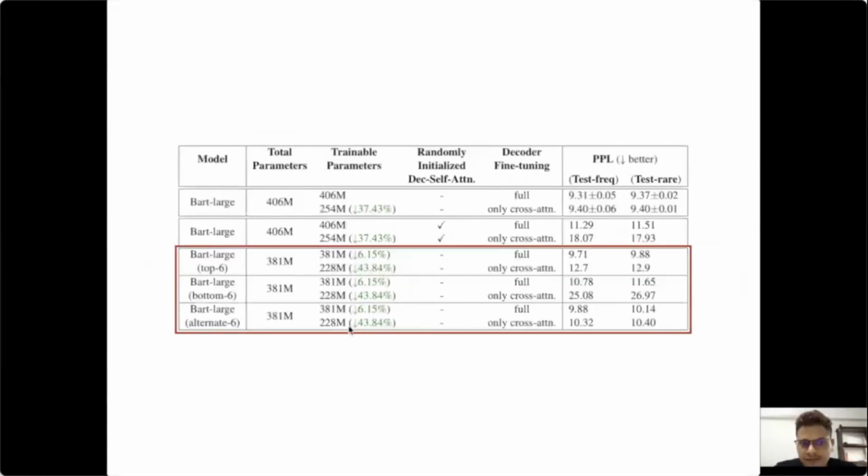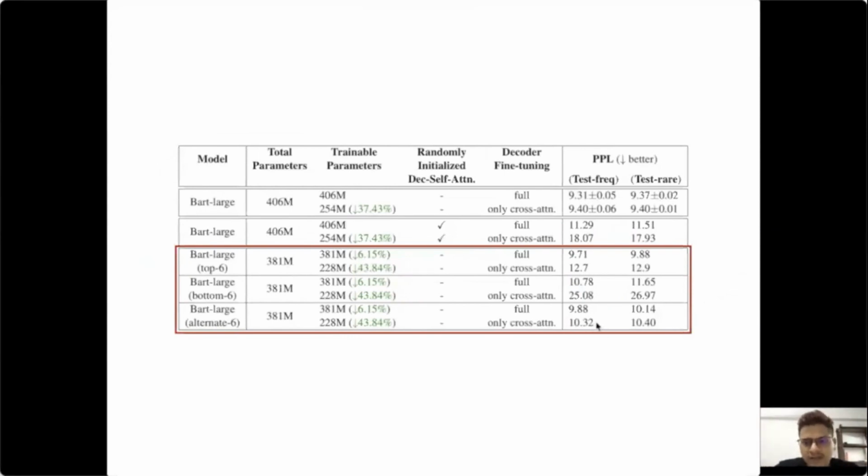So these are the set of results for that. We see, again, similar kind of results where dropping the cross-attention does not significantly impact the results that much, particularly for this alternate variant where we're dropping every alternate cross-attention block. The results are not that worse.